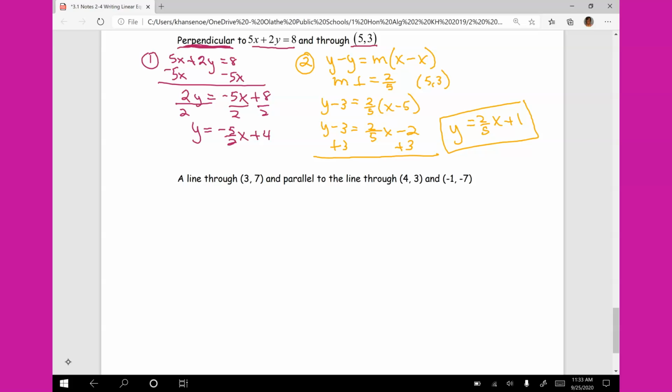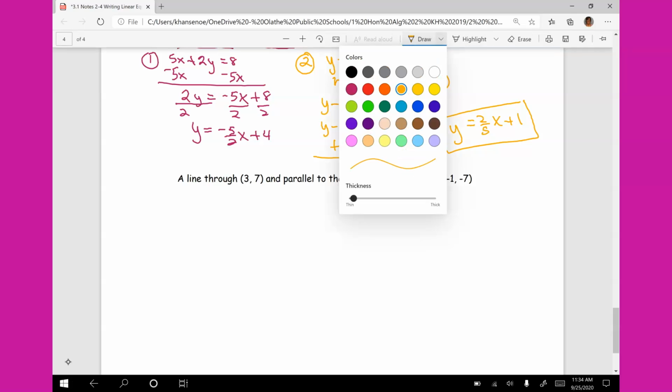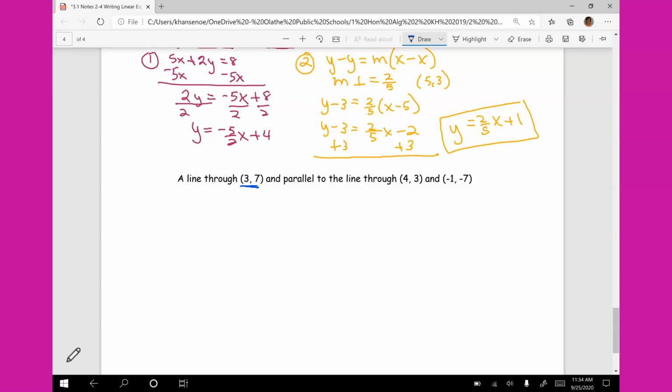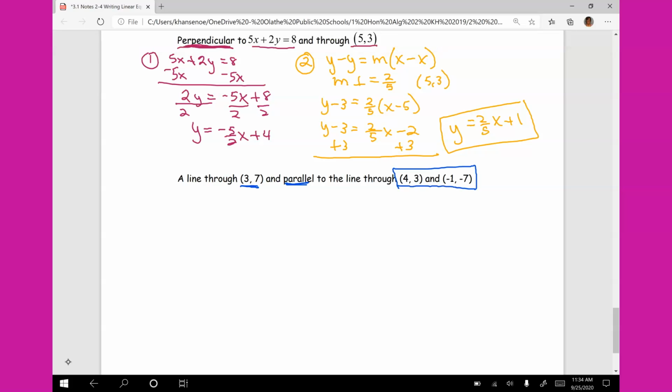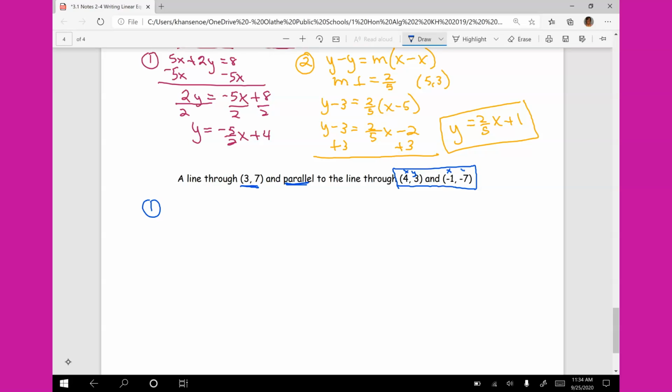All right, now what I'm going to do is a line through 3, 7, and it's parallel to the line through these two points. So I have to find the slope. Remember this is your x, y, x, y.